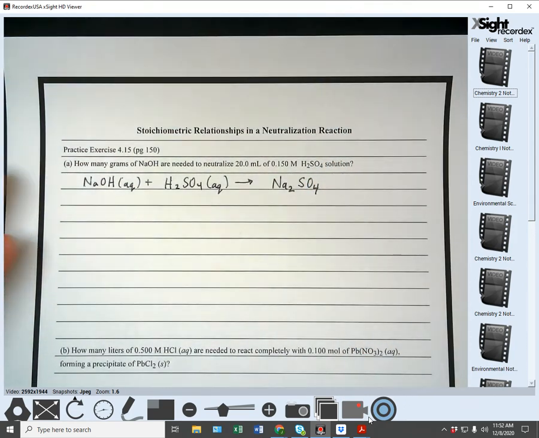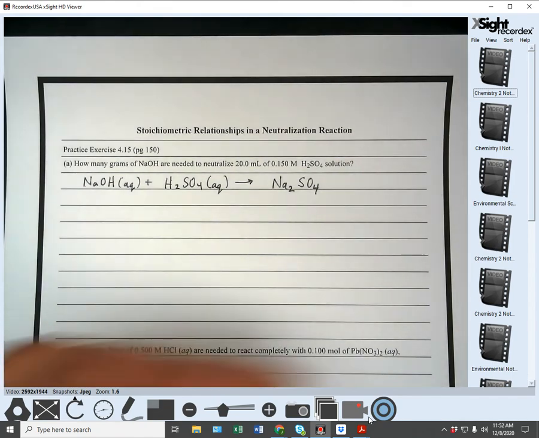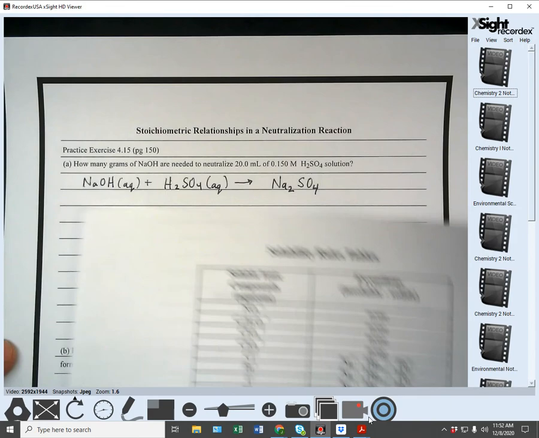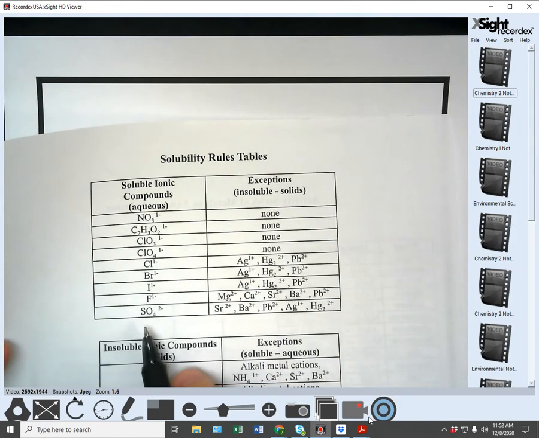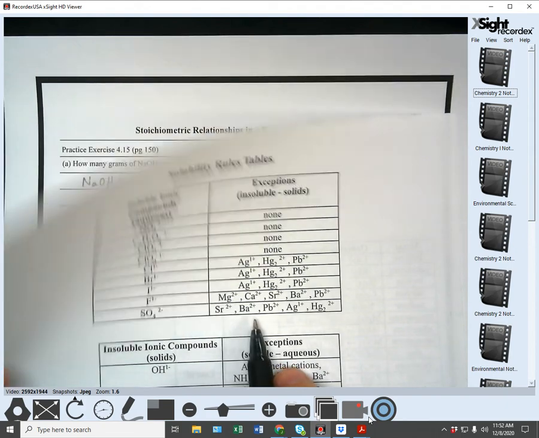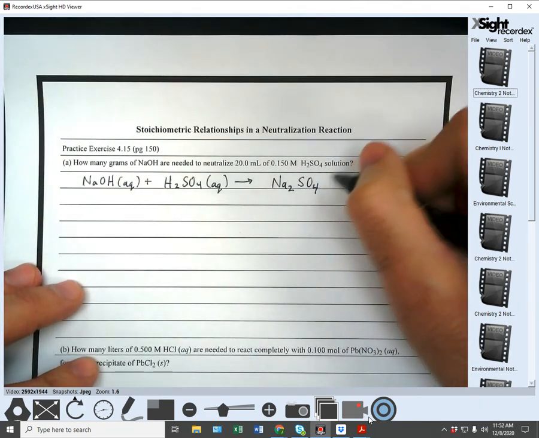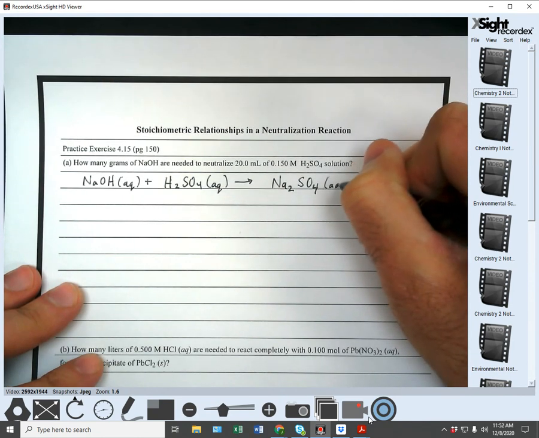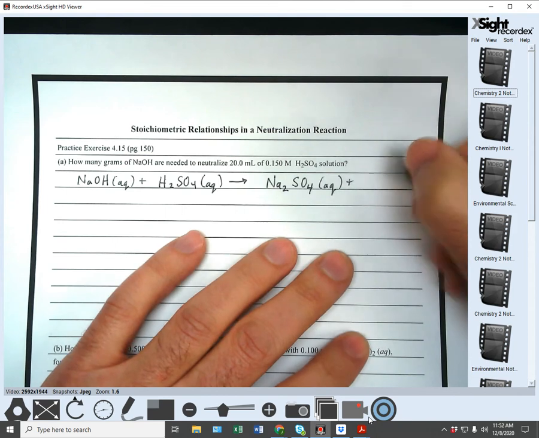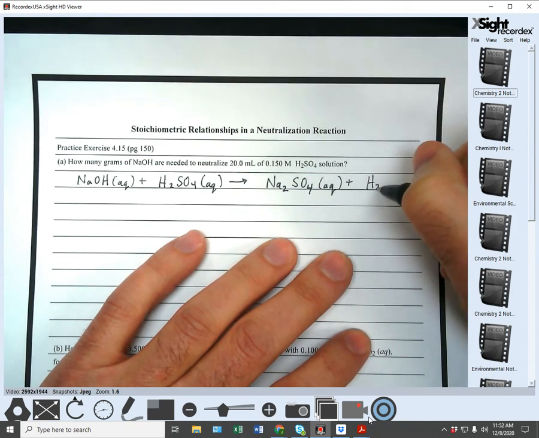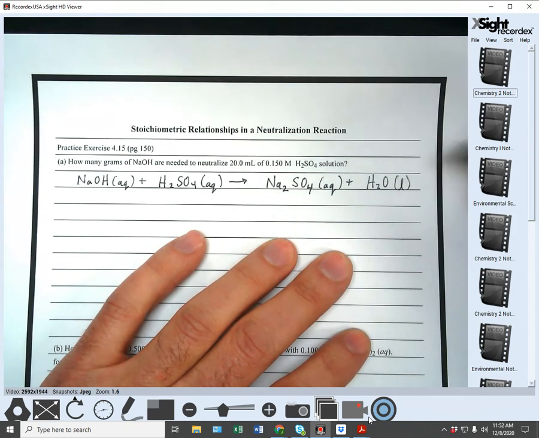I don't know if that is aqueous or not, I'm going to look at my solution chart. It doesn't 100% matter, but it should be consistent. SO4 is aqueous. Sodium, not an exception. So plus water.